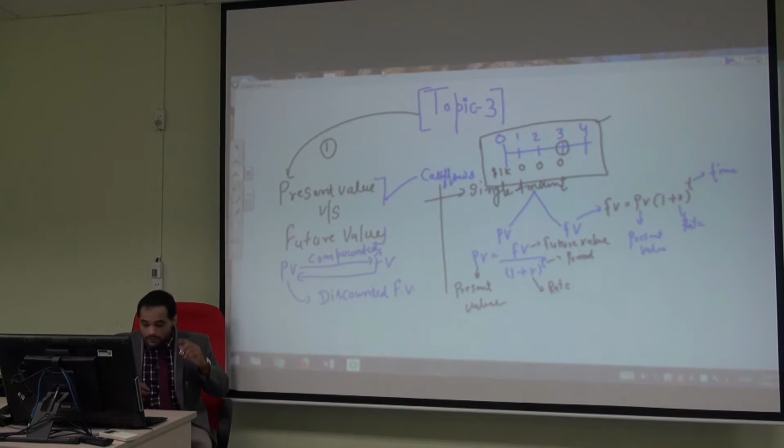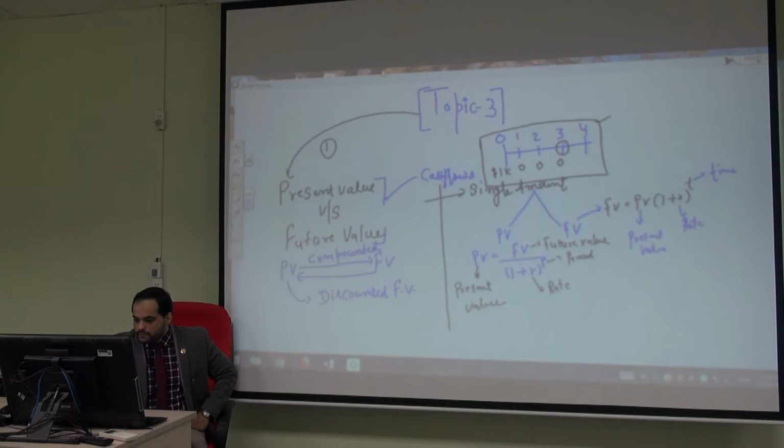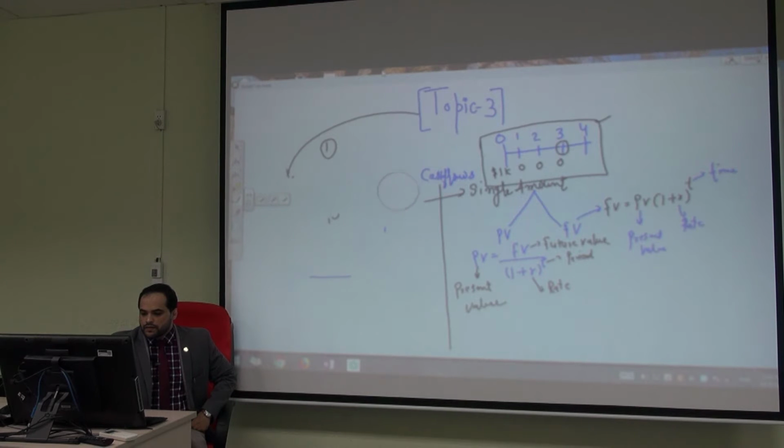So we talk about the second cash flows. Second cash flow is an annuity. Alright?